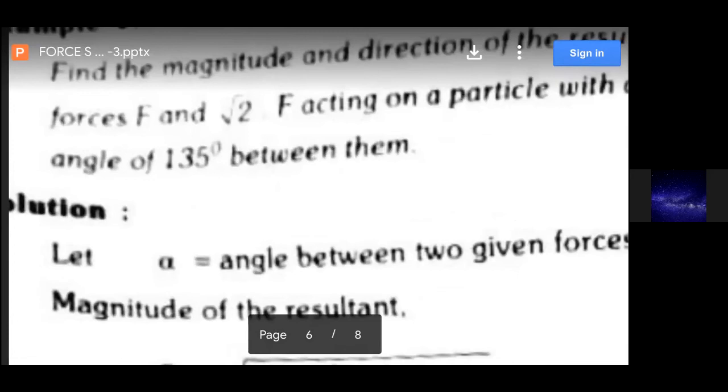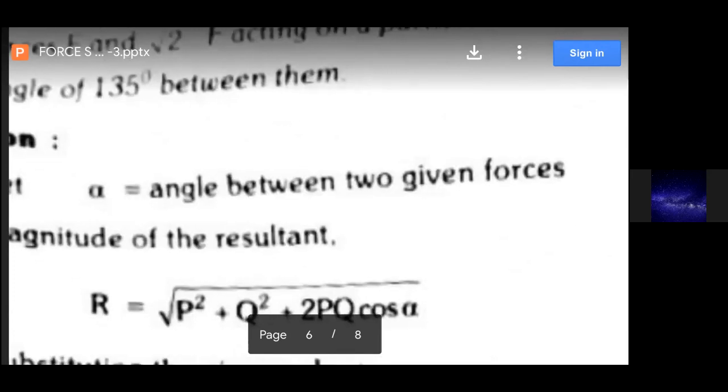Here, the forces are given in terms of variables. So let us assume the first force is F and the second force is root 2 F, and alpha is the angle between them, alpha equal to 135 degrees. Let us assume R is the resultant of the two forces.